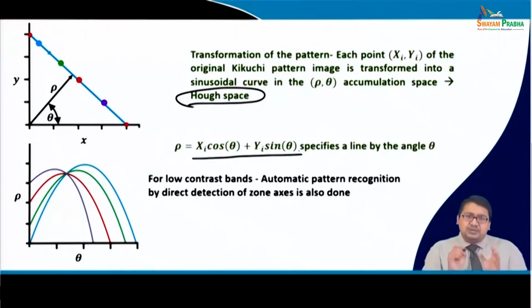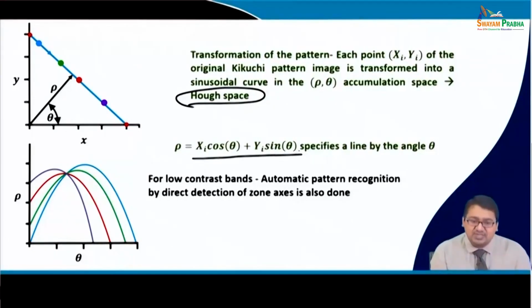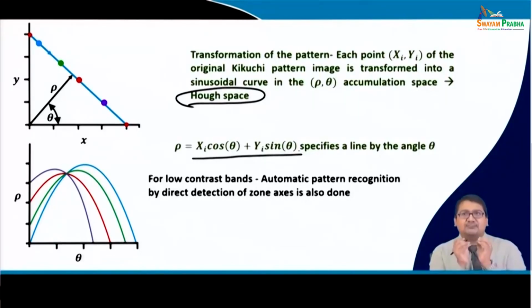So, you see that image correlation techniques are used in order to convert all these lines in terms of points, and they form, because of this kind of calculation, each point of the Kikuchi pattern lines are converted into sinusoidal type of curve. It looks like butterfly pattern, and this butterfly pattern will have a certain intensity, because you see the intensity of the Kikuchi bands are converted into this butterfly type of pattern, which is basically highly intensified at a small region, that is a point which is rho theta point of the half space.